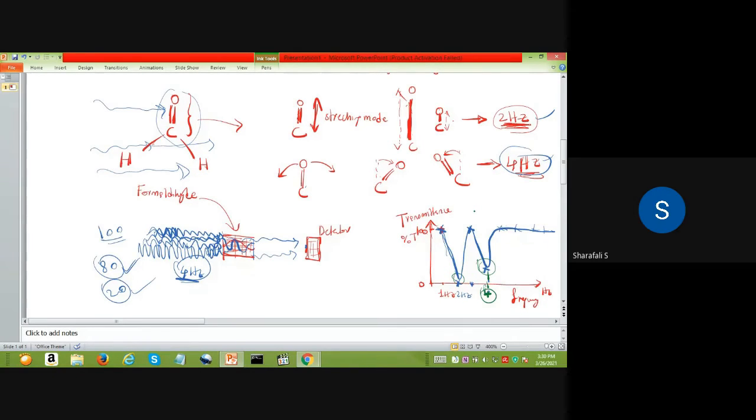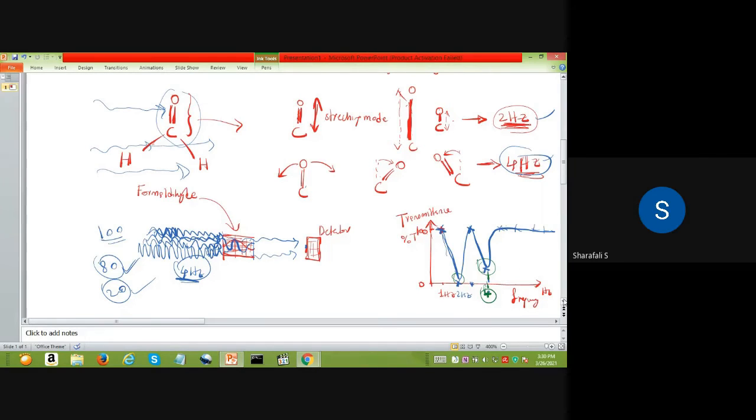So by analyzing this spectra, we can say what kind of molecule you are dealing with, which atoms are present in that molecule and what kind of bonding it has. That can be predicted by studying the infrared spectra of any sample.